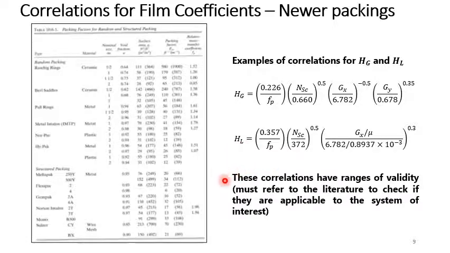You must remember that these correlations have ranges of validity. They only work in certain values of flow rate. So you must always refer to the literature to check if the correlations are applicable to your system of interest. If not, then you need to find other correlations.